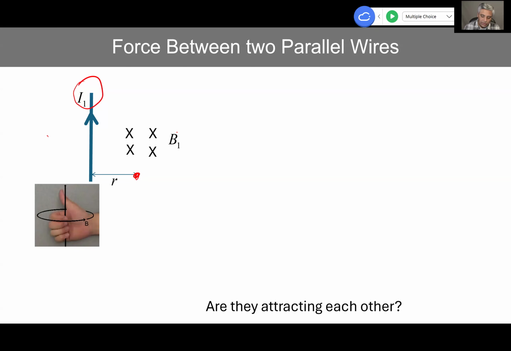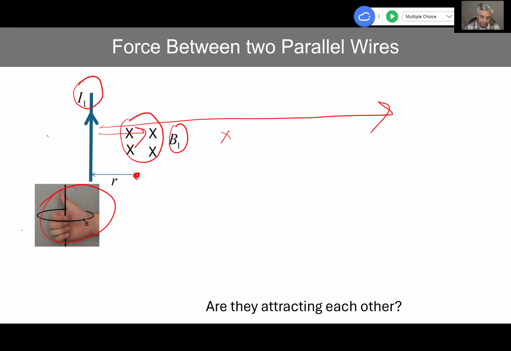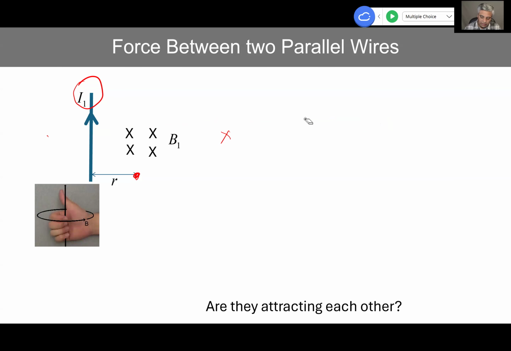So the field is B1 due to that current here. Since we are looking at this side of the wire, everywhere on this side the field is going into the page using the right-hand rule. Here I'm interested in this region. That's where I drew those crosses.